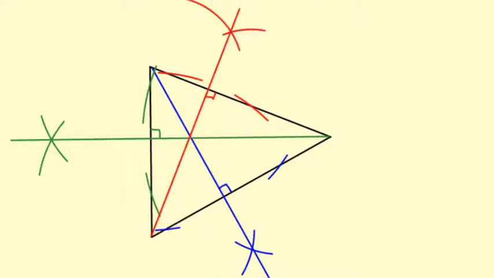The point where these three altitudes intersect, right here, is called the orthocenter.